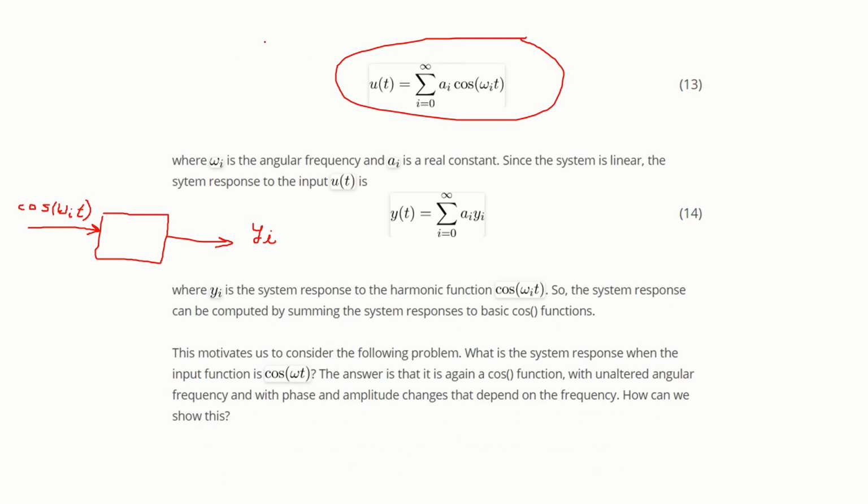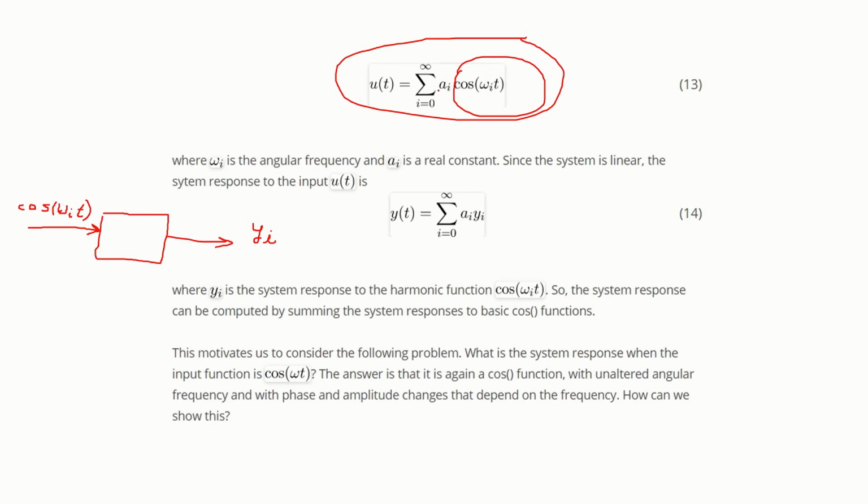To explain the system frequency response, we need to go back to the Fourier series expansion. So, we know that almost any periodic function can be represented as a sum of cosinus signals. Here, a_i is a coefficient, omega_i is the angular frequency.